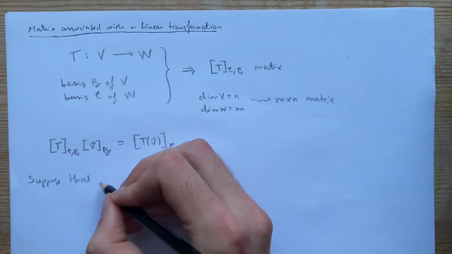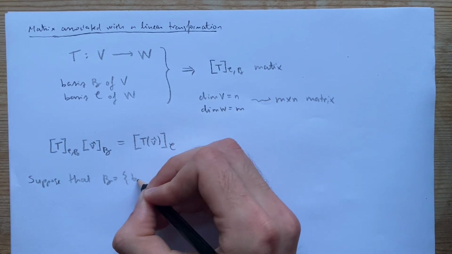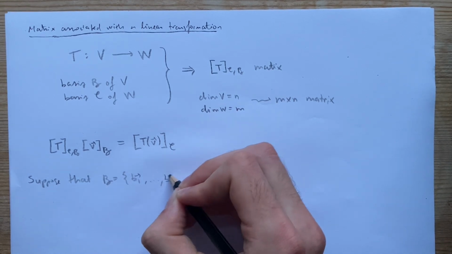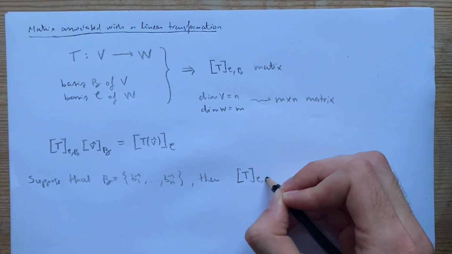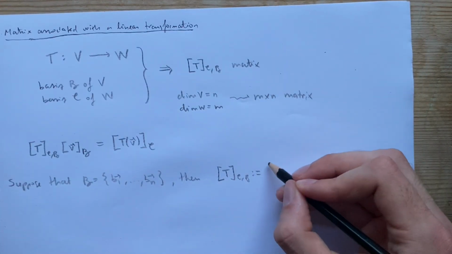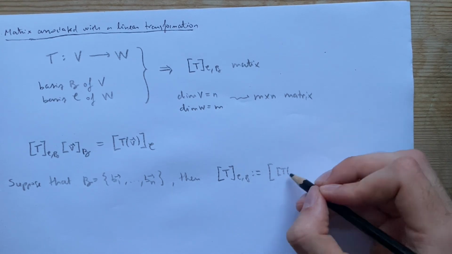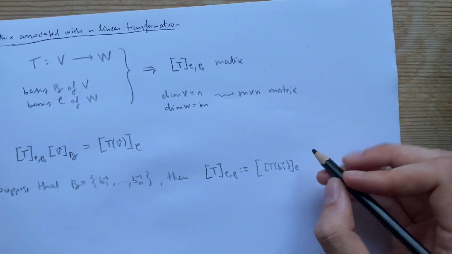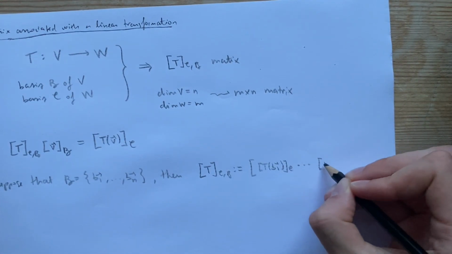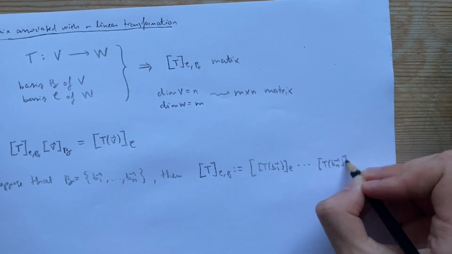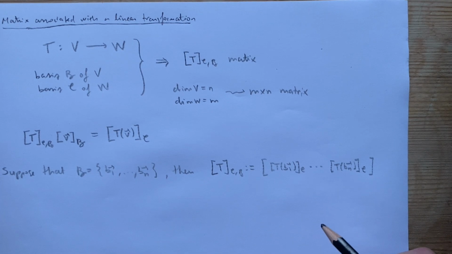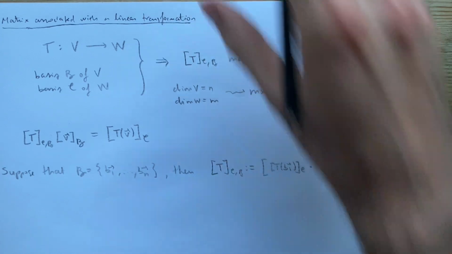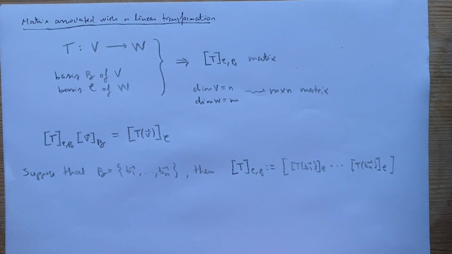So if we list the vectors of B from B1 to Bn, then the matrix T_CB has, by definition, columns given by the image of each of these basis vectors expressed in the basis C. So T(B1) in the basis C, T(B2) in the basis C, all the way to T(Bn) in the basis C. So this is what we are going to do today, and we will do this through 3 examples. So let's go on to the first example.